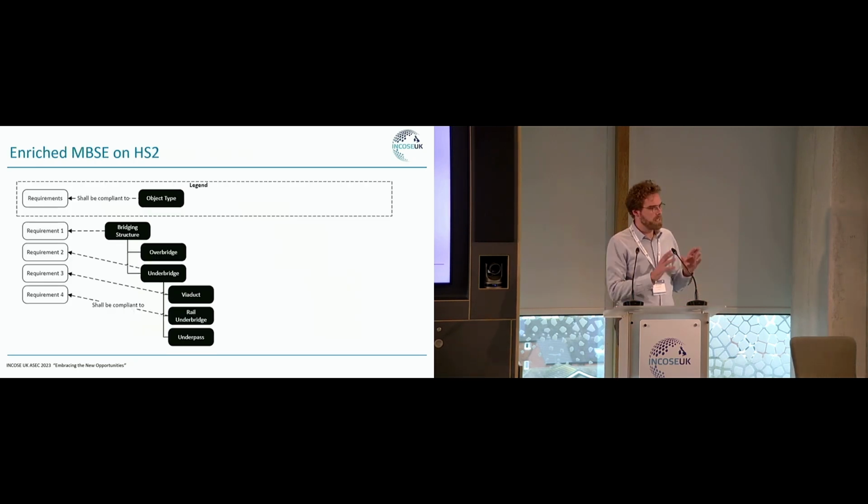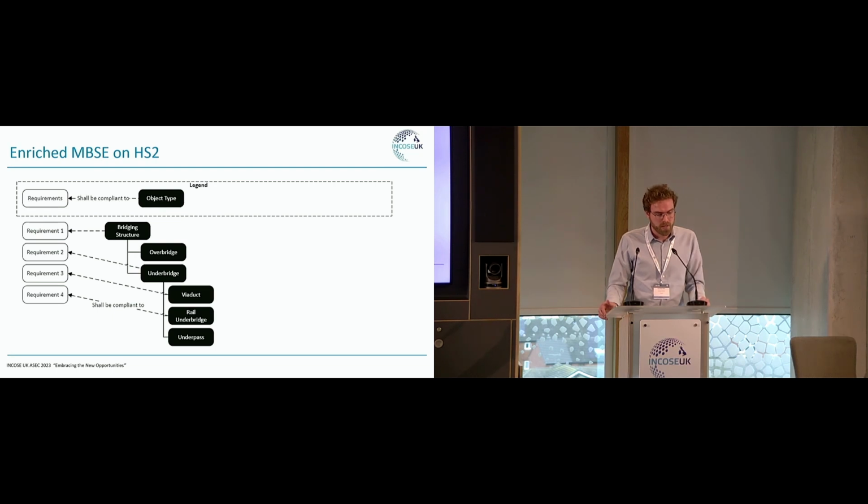The next step after that was that we allocated our requirements to those objects in the decomposition or expressed in a taxonomy. And the thing that we also introduced in here was inheritance. If you have a bridging structure requirement, that also applies to an overbridge and underbridge.